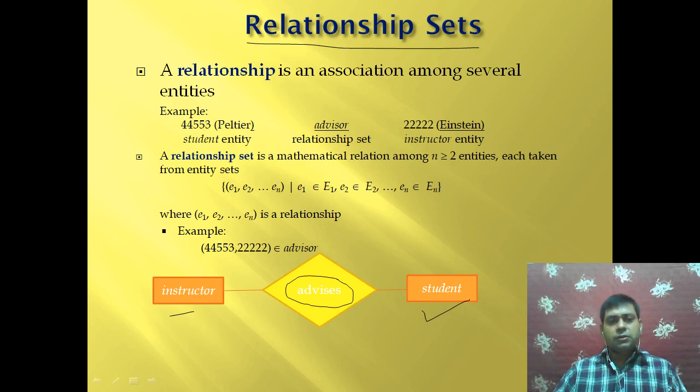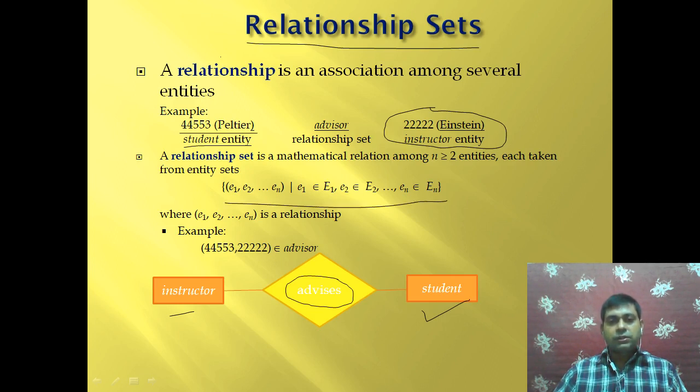This can also be mathematically expressed, like here the example that 44553 Peltier, this is a student entity, and that is being advised. The relationship set is named as advised, and its advisor is this instructor Einstein. So, this is how mathematically it is represented, and it can also be written like this.